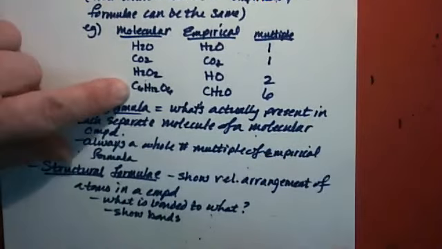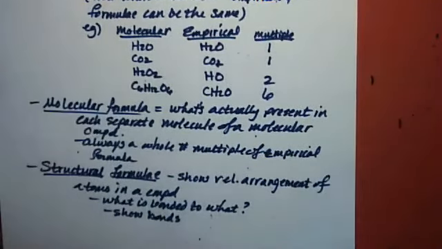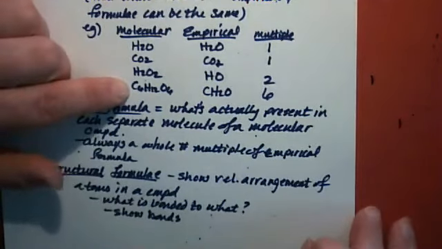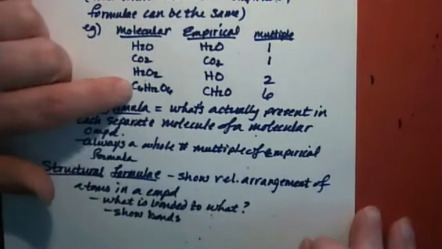But something like C6H12O6, there's actually several possibilities for how you could arrange those atoms. And that's even assuming that you know the rules on how many bonds each element forms. Because actually it turns out there are several compounds that have the formula C6H12O6.